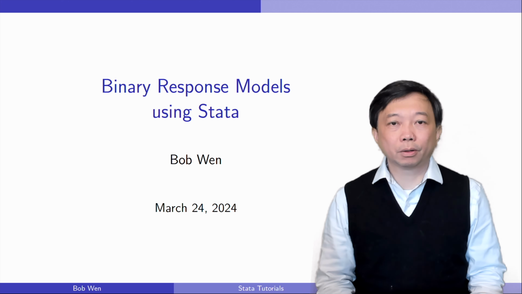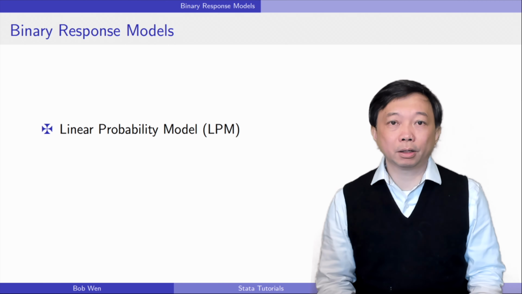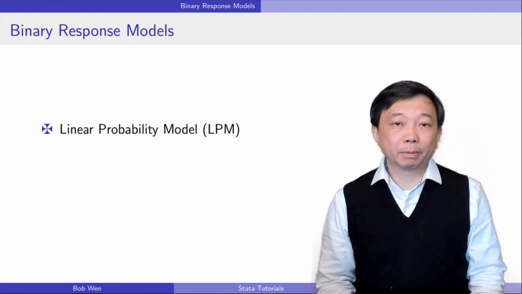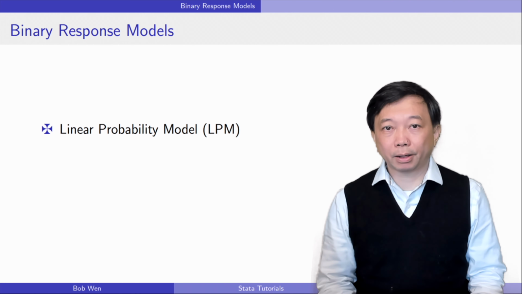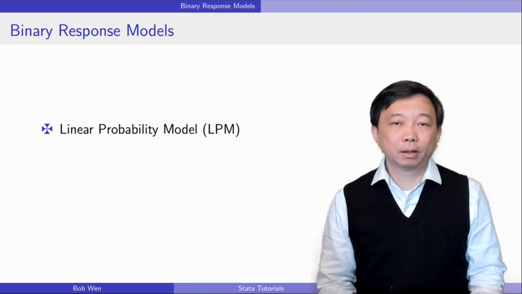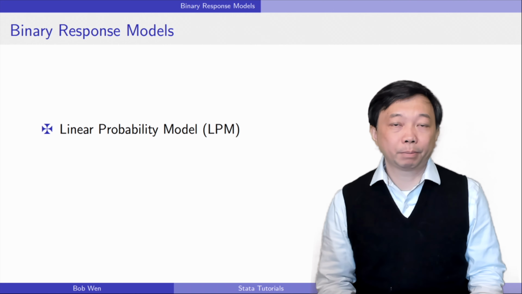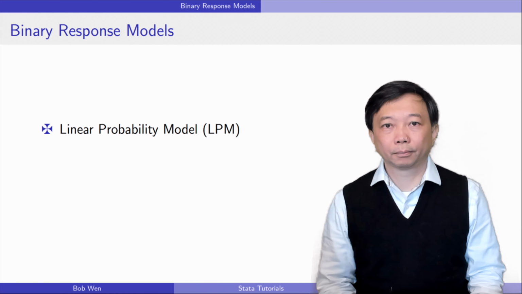We can use the OLS method to estimate the binary response models, and such an estimation is called a linear probability model. The linear probability model is simple to estimate and interpret. However, it has limitations. The fitted probability could be less than 0 or greater than 1.